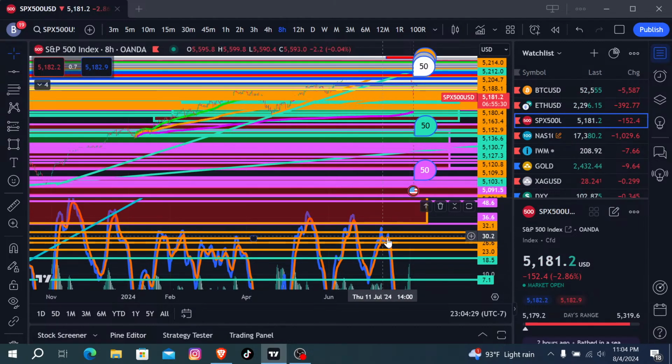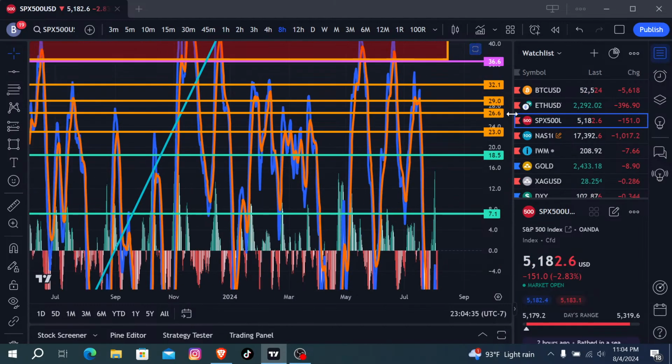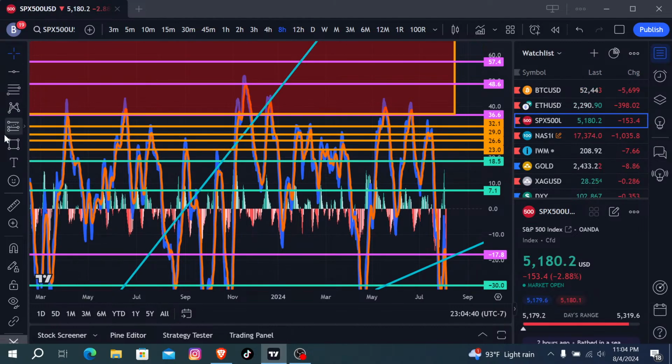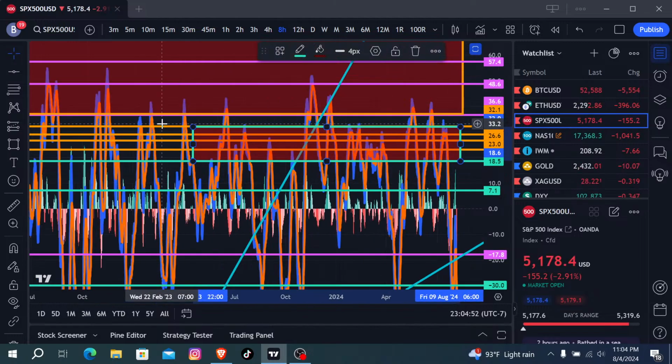The goal is this area right here, and when you're struggling, and we're about to drop. And then the next area will be right here. Yeah, this.